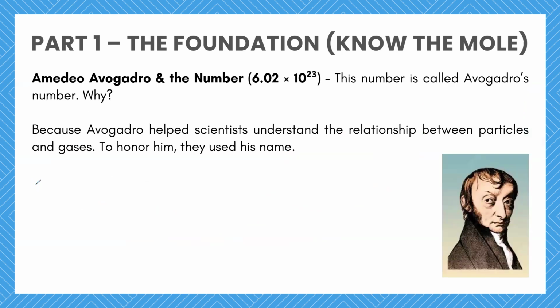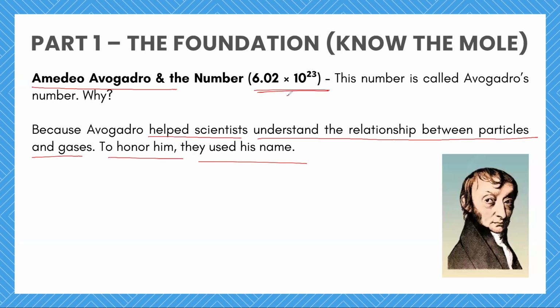Now, you might be wondering, how did we even come about this concept? Well, all thanks to the scientist whose name is Amedeo Avogadro. He was the one who discovered this number 6.02 times 10 raised to the power of 23. He was the one who actually helped scientists understand the relationship between particles and gases. So in order to honor him, they used his name to identify this number.